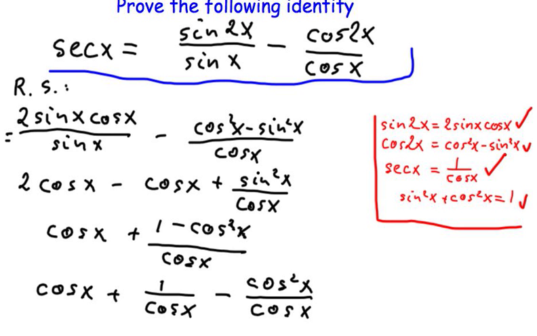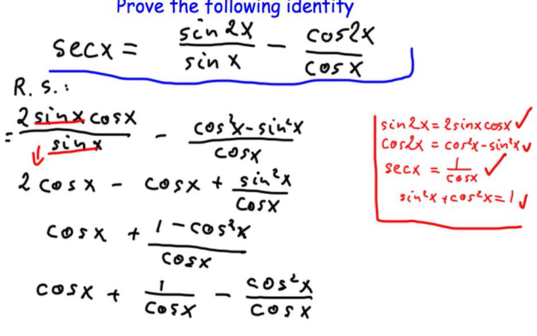Now, at this stage we can simplify. Divide by sine x, this part, and this will give you just 2 cosine x. The next step shows that we will do the split.